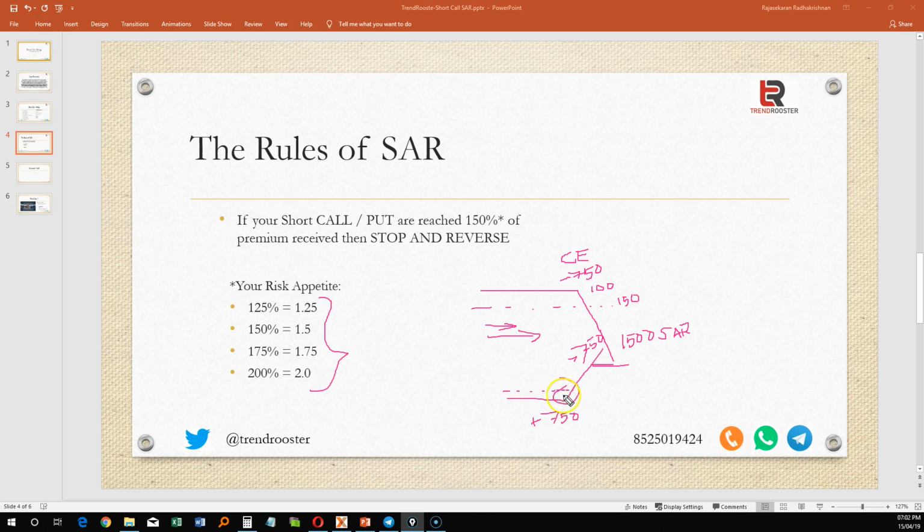You are just reversing, stop and reverse from the short call to the long call, and then you are reducing further by selling one more call to bring it below the water. If you sell another 750 quantity here, this will lift further and everything will be above the water line. So this is how it works.